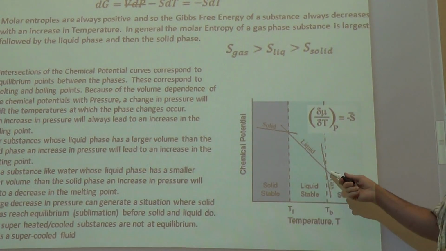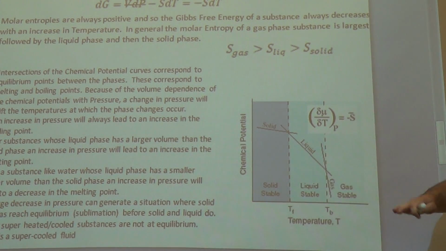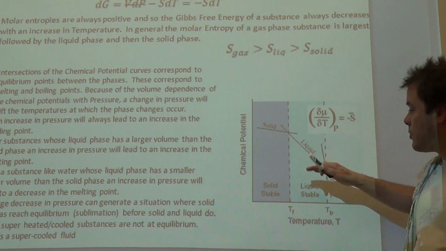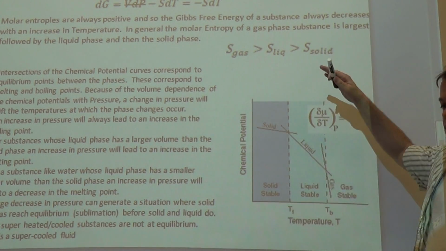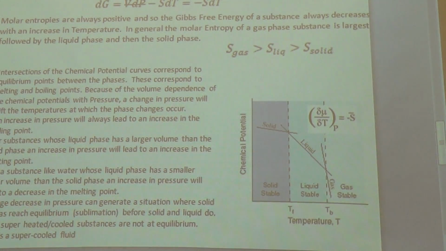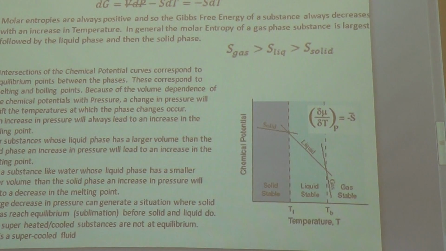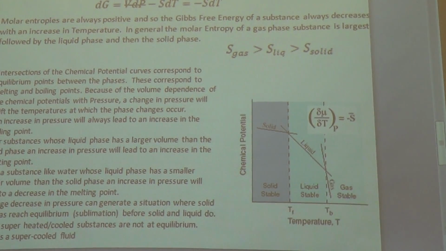The molar Gibbs free energy for the gas and the liquid and the solid are different because they have different volumes. And so a given change in pressure will elevate any of these curves at different rates. And depending on which curves are elevated the most or the least, our equilibria point will shift from one position to another.